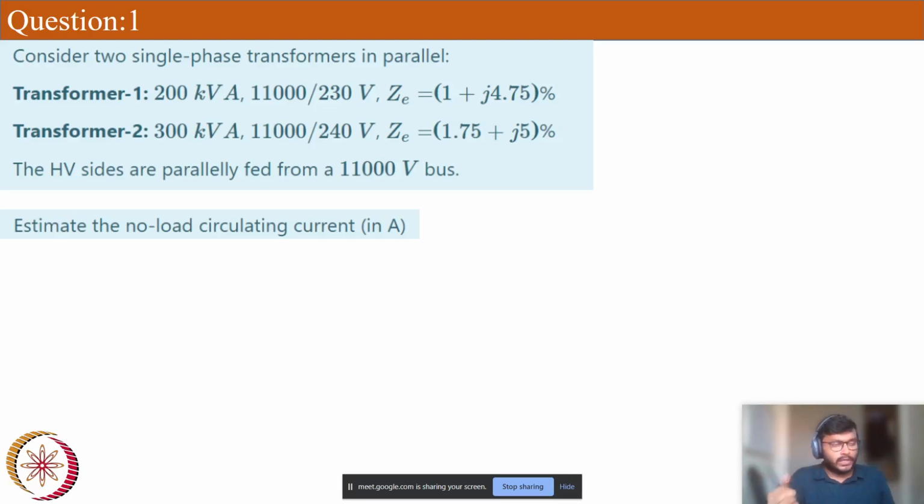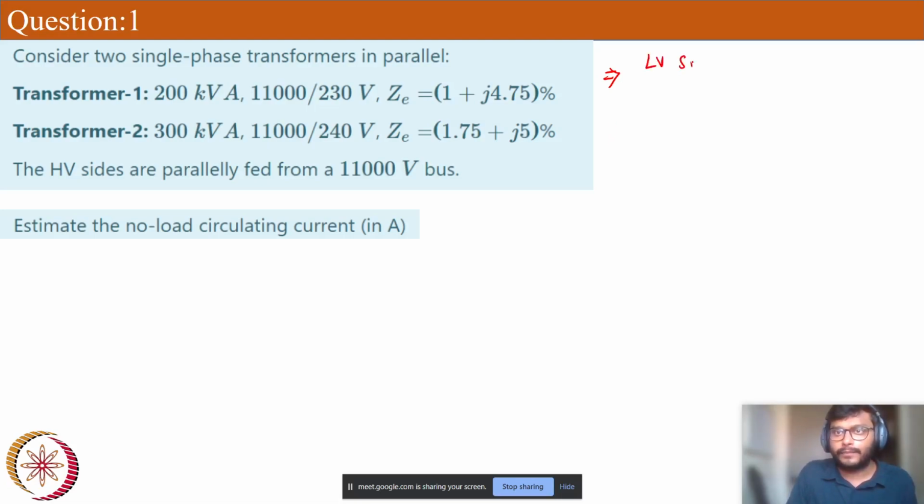So let's start solving this. First let's convert these impedances, which are in terms of percentages, into ohms. What was the side we are trying to calculate? This is the no load circulating current, which will be on the LV side.